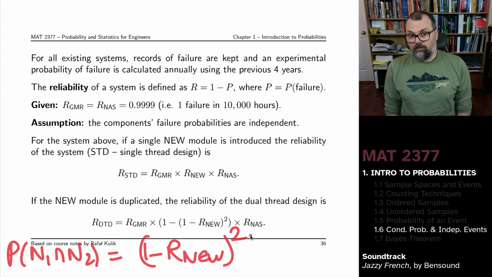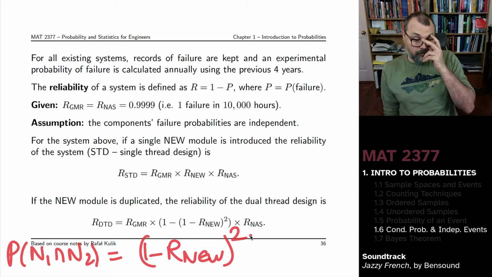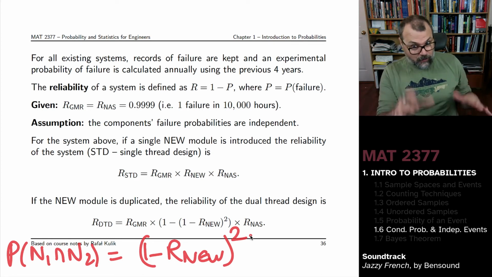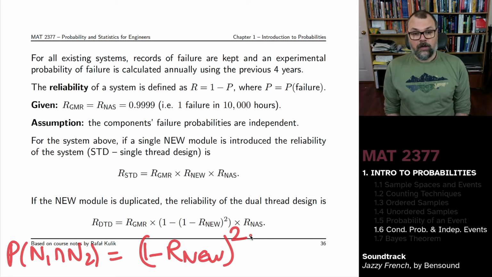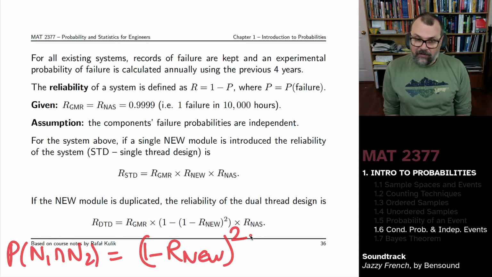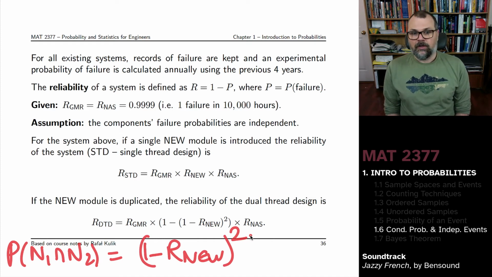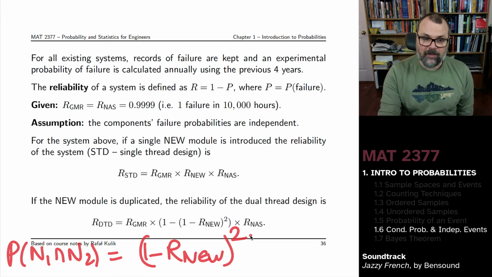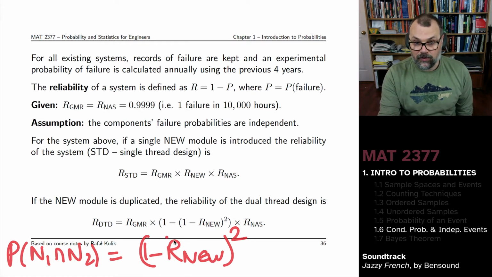It would be the product of both of them, but they're the same, so that's the square, and there's nothing to worry about for the union here. Independent events, that's how you compute the probability of their intersection, but that's not the reliability of the dual thread, that's the probability of the dual thread failing. So the reliability of the dual thread then would be 1 minus this. That's what you see showing up here.